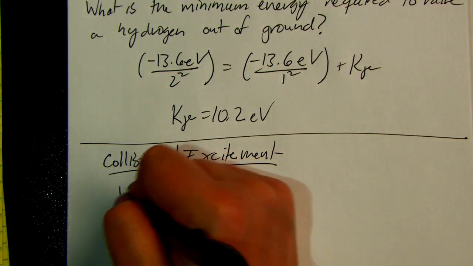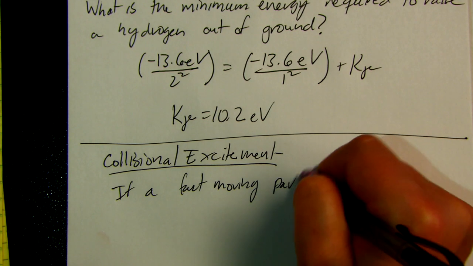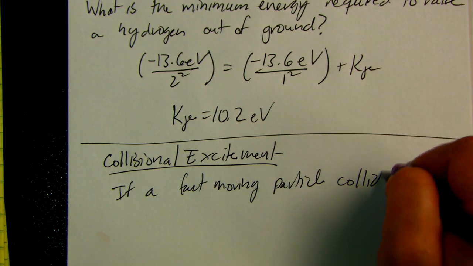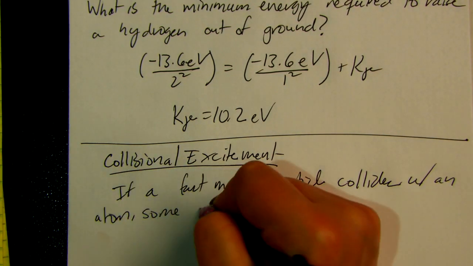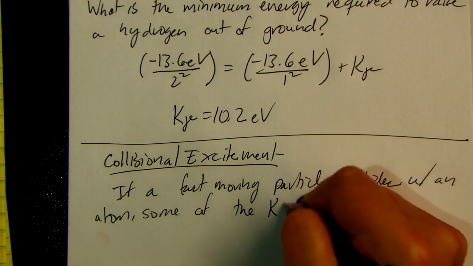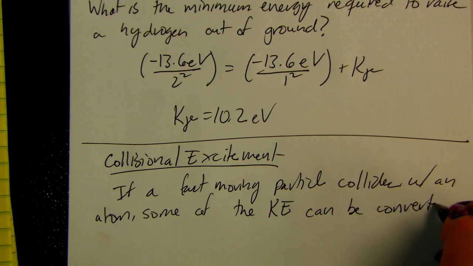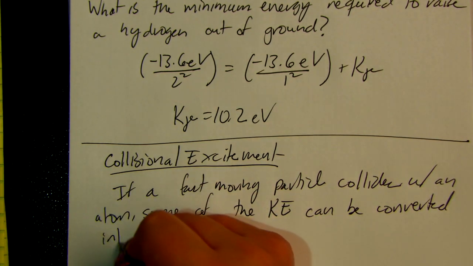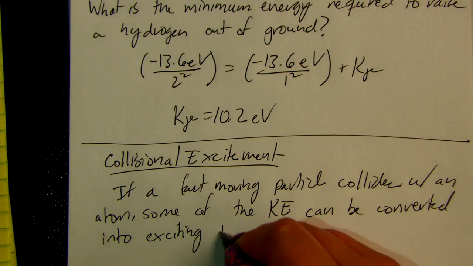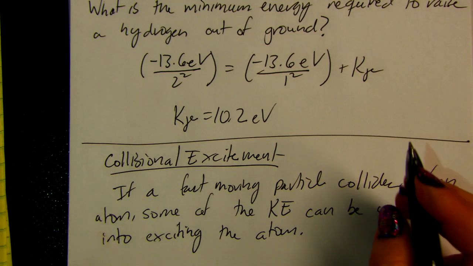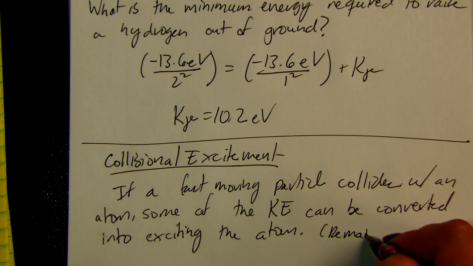If a fast-moving particle collides with an atom, some of the kinetic energy can be converted into exciting the atom, and any remaining K will be kept by the original particle.